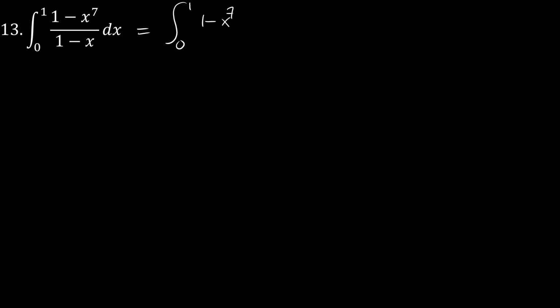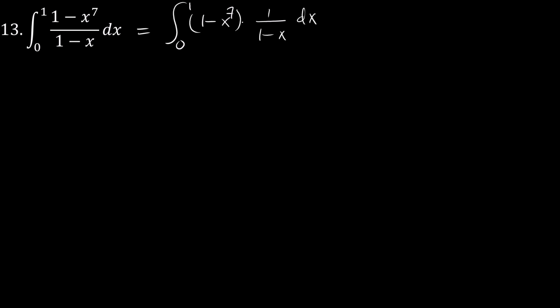So problem number 13 happens to be a definite integral from x equals 0 to x equals 1 of 1 minus x to the power 7 over 1 minus x. So the way I could maybe rewrite this, since x lies between 0 and 1, we can rewrite this as, let's put bracket there, 1 minus x.